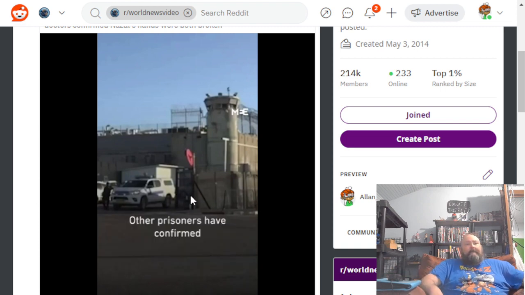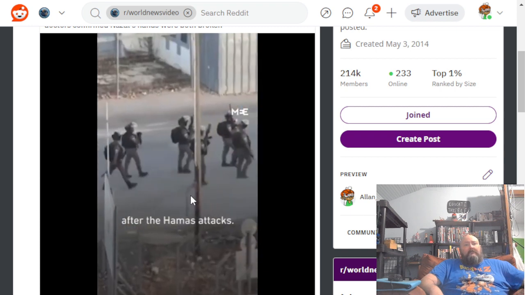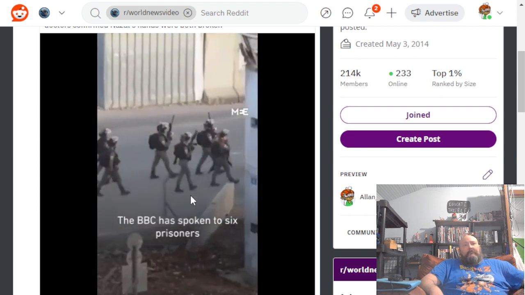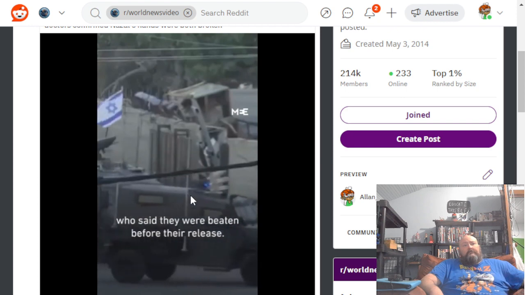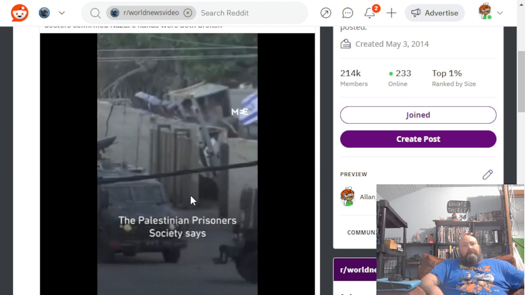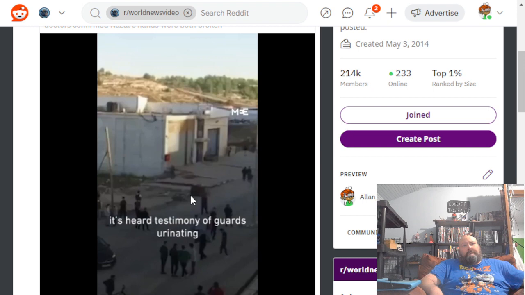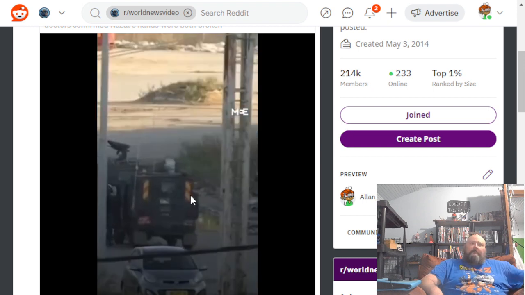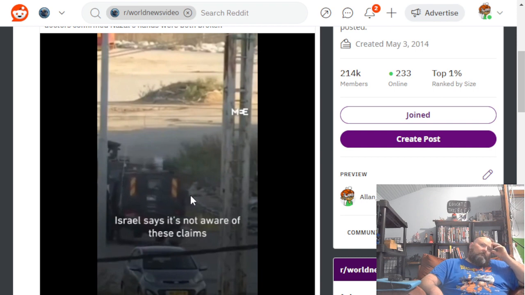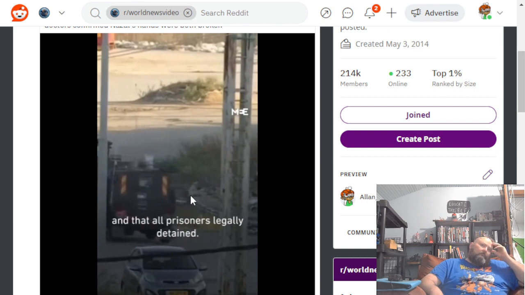Other prisoners have confirmed that guards' behaviour changed after the Hamas attacks. The BBC has spoken to 6 prisoners who said they were beaten before their release. The Palestinian Prisoners Society says it's heard testimony of guards urinating on handcuffed inmates. Israel says it's not aware of these claims and that all prisoners are legally detained.